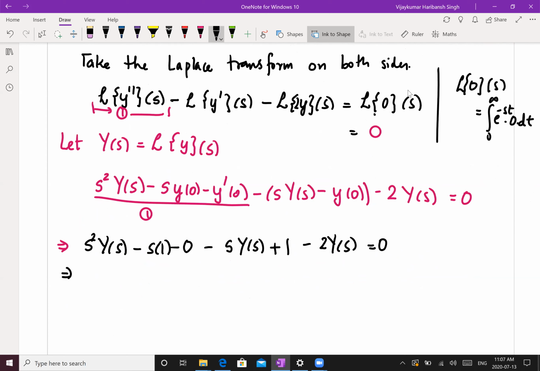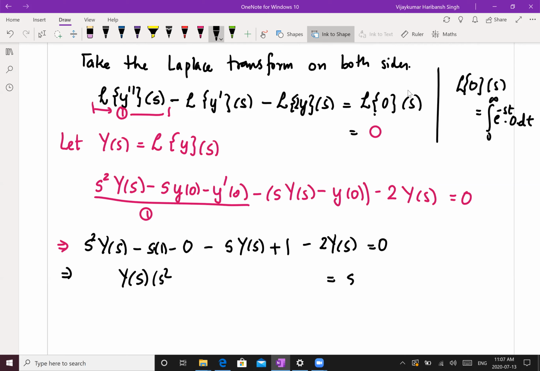So this implies, take Y(s) common, we have Y(s) times s squared minus s minus 2. The s multiplied by 1 goes on the other side, because whatever has Y(s) stays on one side.